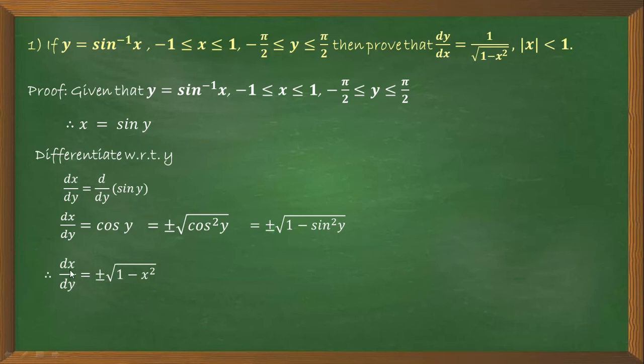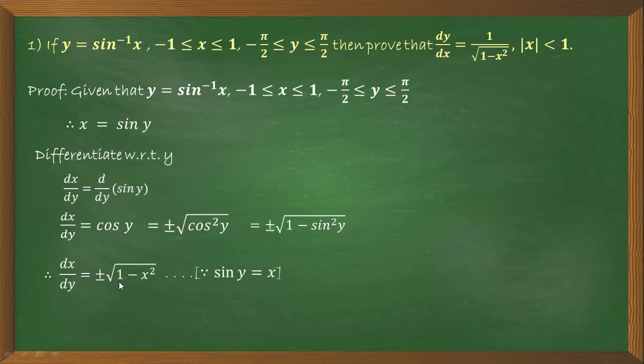Then in the next step, we get dx by dy is equal to plus or minus root of 1 minus x square, since sin y is equal to x, or x is equal to sin y. Just a replacement here. So we already had the derivative dx by dy is equal to cos y, and we converted it into this form, plus or minus root of 1 minus x square, by this adjustment.